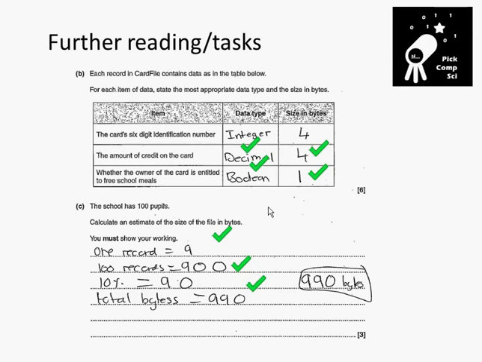In years gone by, you might be asked to also identify the size that would be required in memory for those data types, and then to work out how much size in total would be needed for a certain amount of records, say 100 records, including a 10% overhead. So you could have a practice at some questions like that. You might have spotted where this student actually dropped marks. Look towards the top of their answer here and see if you can see why there's an error in there.